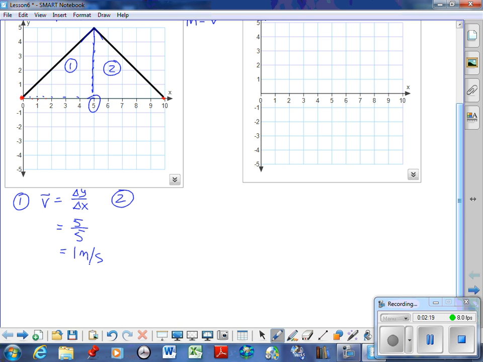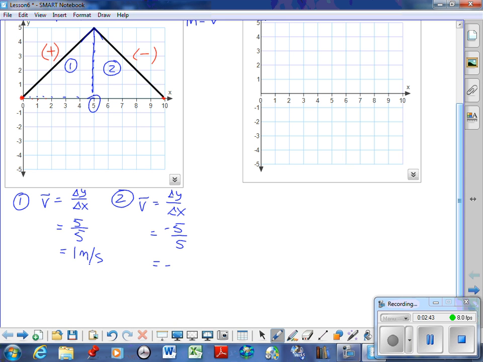Now in section 2, same thing. Velocity is delta y over delta x. Same height, same time frame. The one difference is, and from grade 9, recall that this is a positive slope. If you're going uphill, the same direction you read, it's positive. If you're going downhill, it's a negative slope.